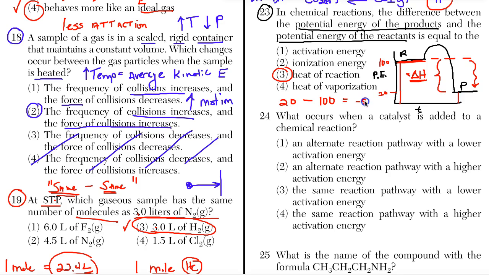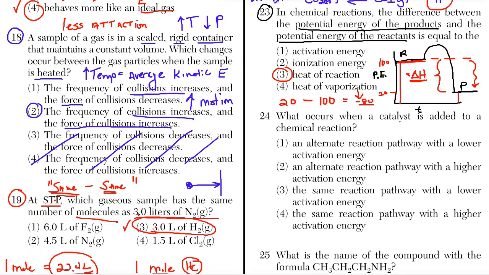The reason we do products minus reactants is that we want that negative sign to reflect going down. So again, you can memorize it or you can just understand it and be able to use it anytime you want. That's what I'm after here. So 23 is 3.